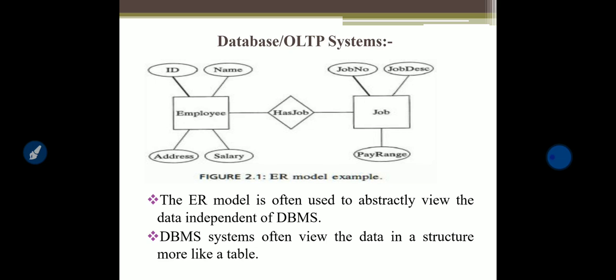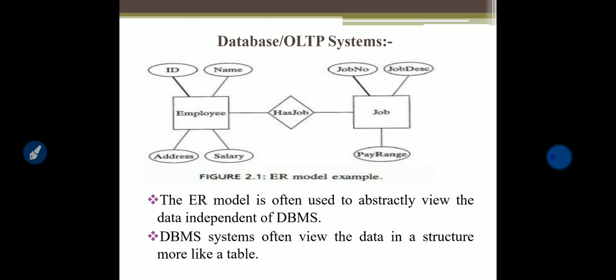Employee has some attributes like ID, name of the employee, address and salary, whereas the job entity has the attributes job number, job designation, pay range, etc. They have a relationship between them, that the employee has a job. The ER model is often used to abstractly view the data independent of DBMS.